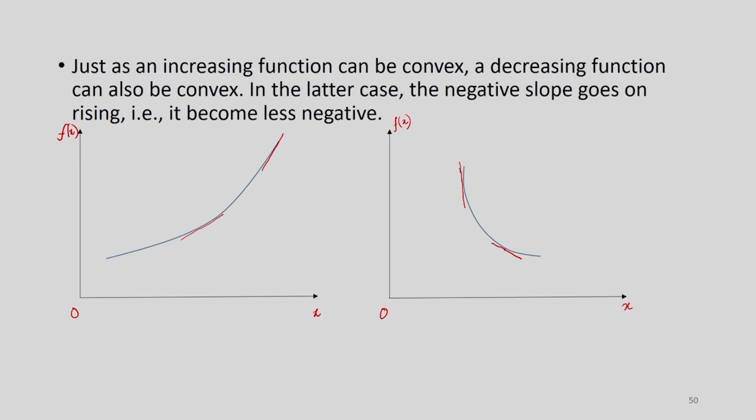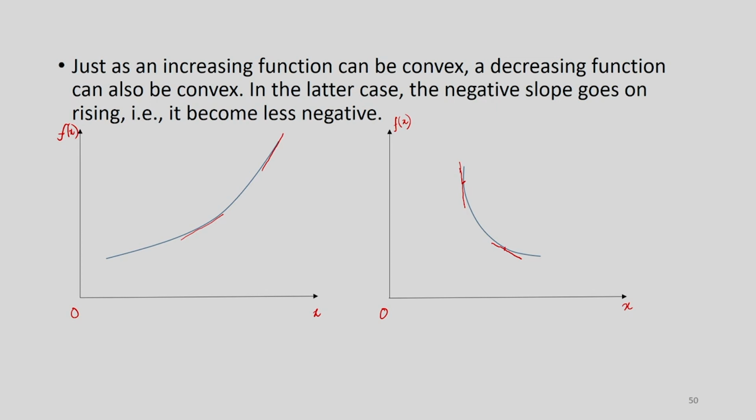So, an example could be that at this point on the left it could be minus 20, but here it is, let us say, minus 1. Now, minus 1 is greater than minus 20, which means that the slope is rising. Of course, the function is a declining function, but the slope is rising. And if the slope is rising, then our conclusion is that the function is a convex function.